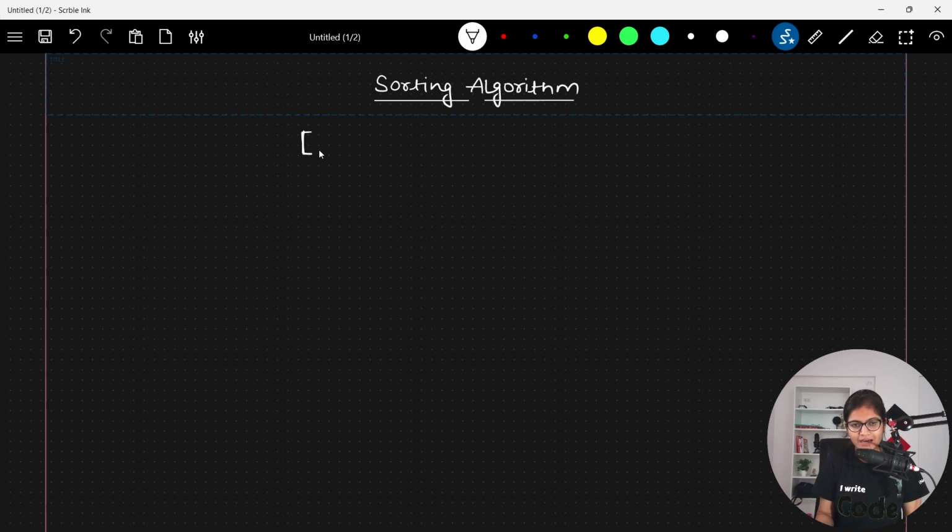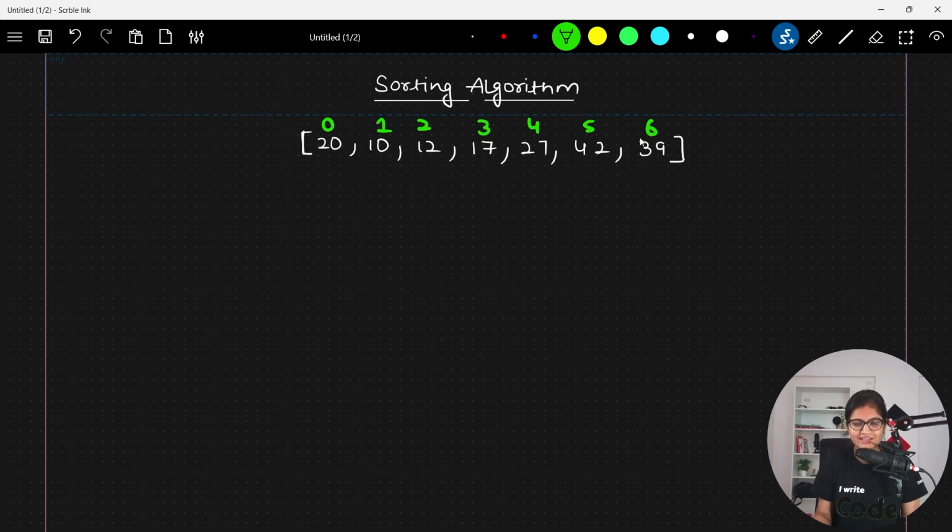For example, here I have 20, 10, 12, 17, 27, 42, 39. Suppose these are the elements stored in an array. Here we have the index numbers also, right? It will start from 0, then 1, 2, 3, 4, 5 and 6. So in total I have 7 elements, correct?